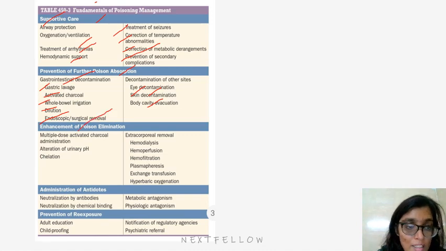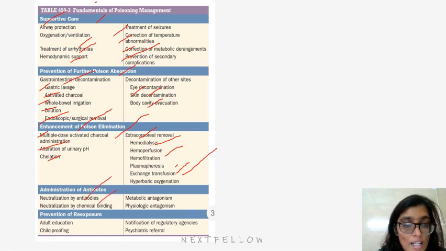Enhancement of poison elimination: multiple dose activated charcoal administration, alteration of urinary pH and chelation. Extracorporeal removal: it can be hemodialysis, hemoperfusion, hemofiltration, plasmapheresis, exchange transfusion and hyperbaric oxygenation. Administration of antidotes: neutralization by antibodies, neutralization by chemical binding, metabolic antagonism and physiologic antagonism.